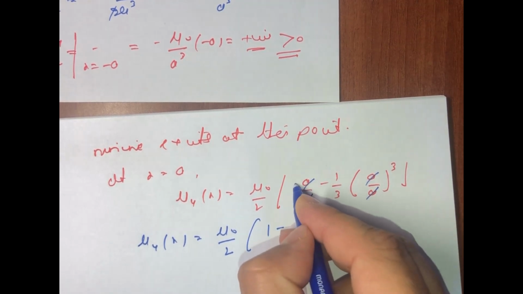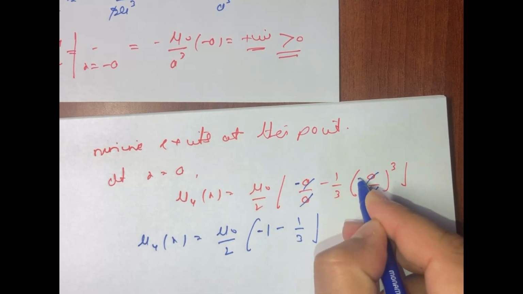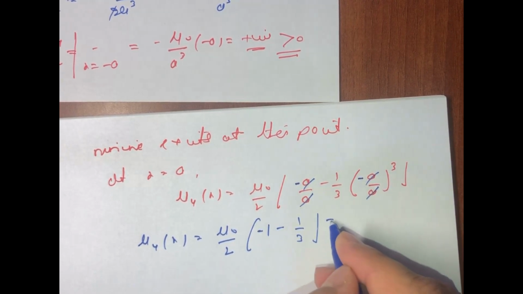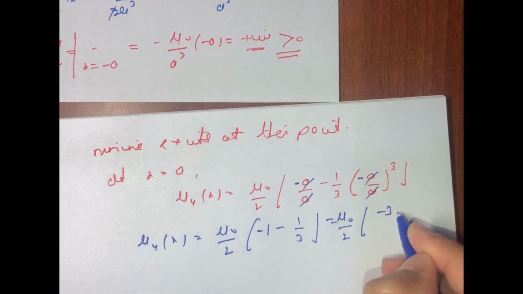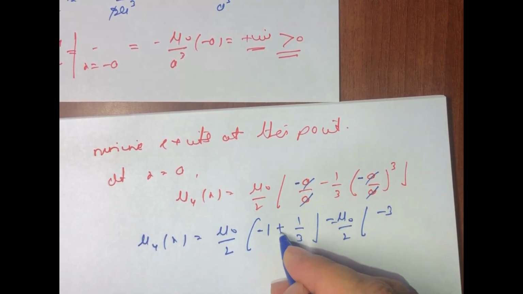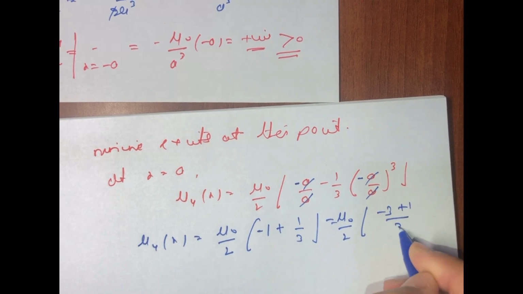So this will be equal to u naught upon 2 times minus 3 plus 1, divided by 3.